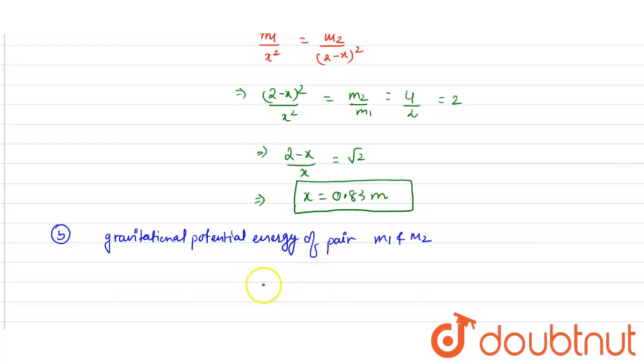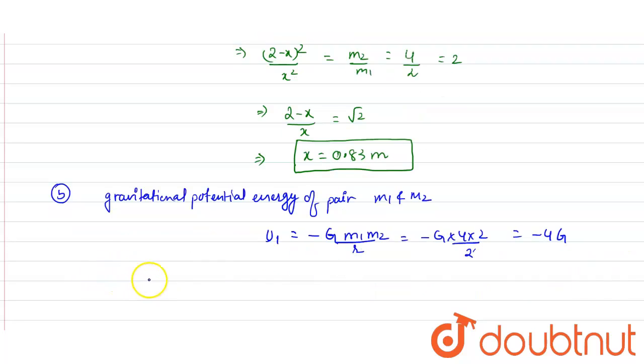The gravitational potential energy U1 will be given as minus G M1 M2 upon R. So minus G into 4 into 2 upon 2. So it will be minus 4G. Now the gravitational potential energy for the pair M1 and M3.